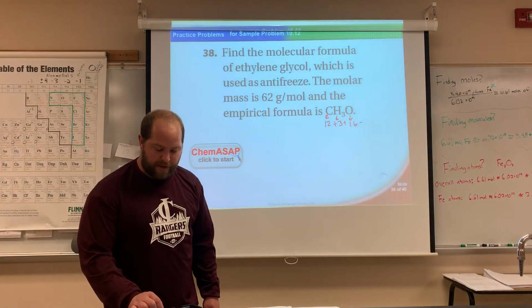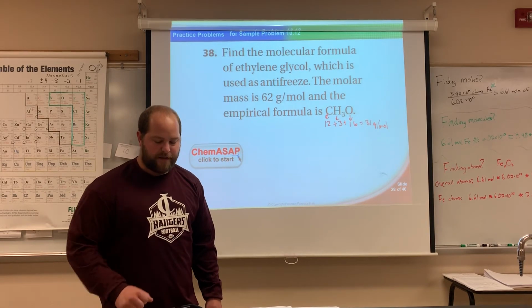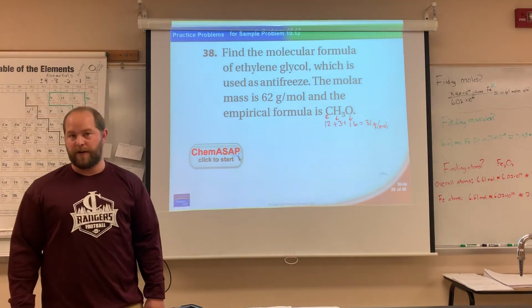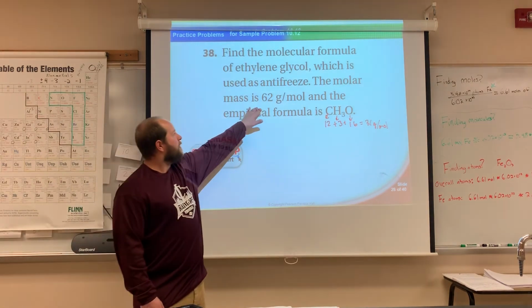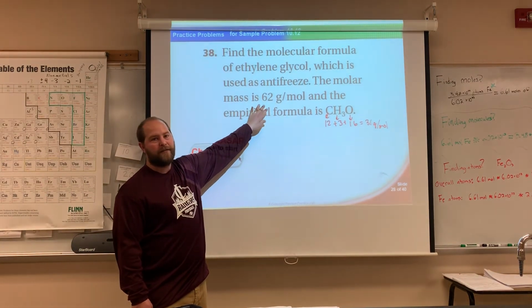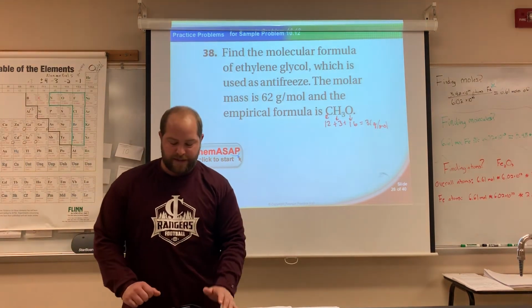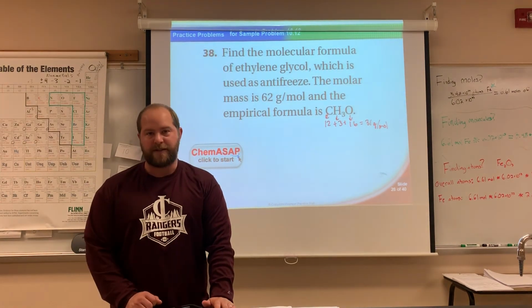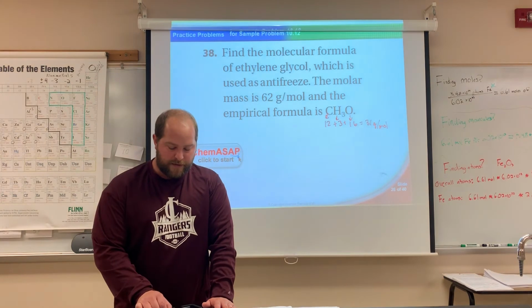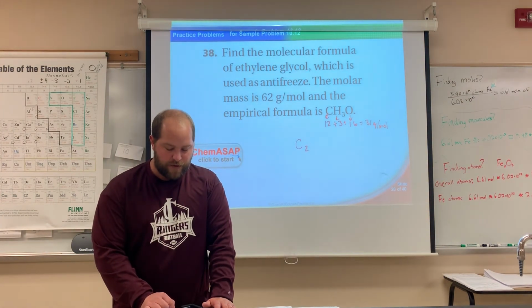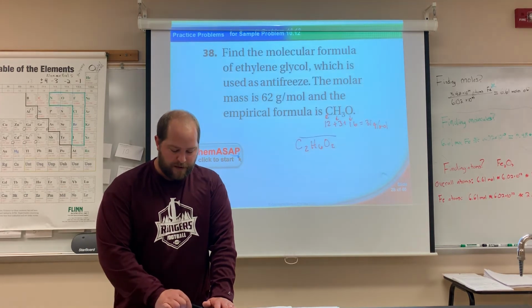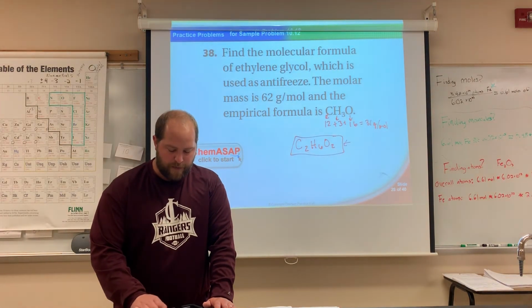So I get 31 grams per mole is the actual empirical formula. Well, when you look at the molar mass data found from the mass spectrometer, it's actually 62. So it's 62 grams per mole, so that means it's going to be double. So the molecular formula is C2H6O2. That would be the actual molecular formula.